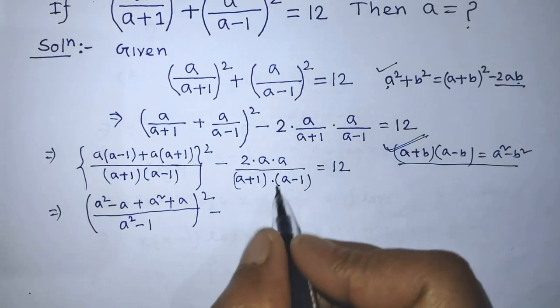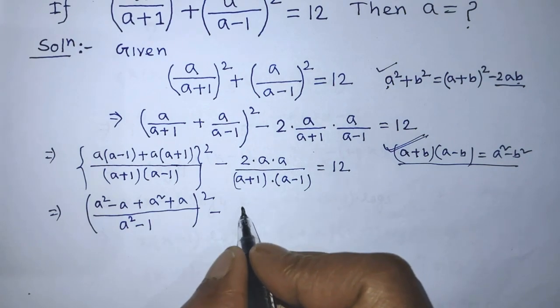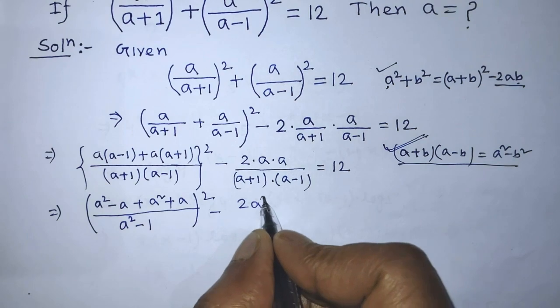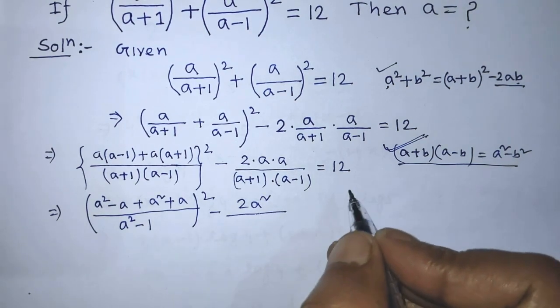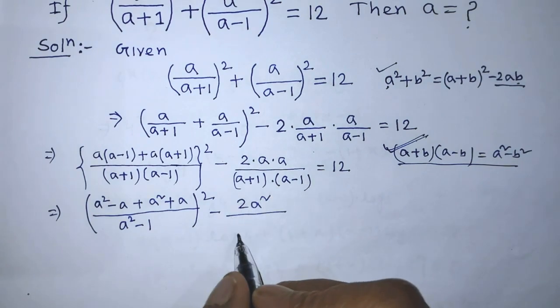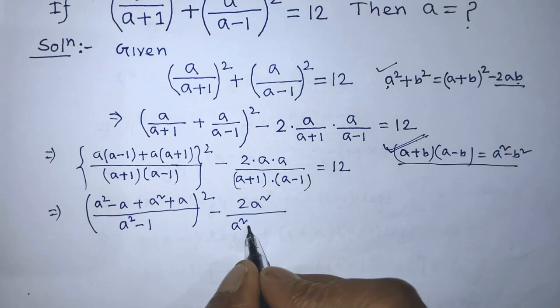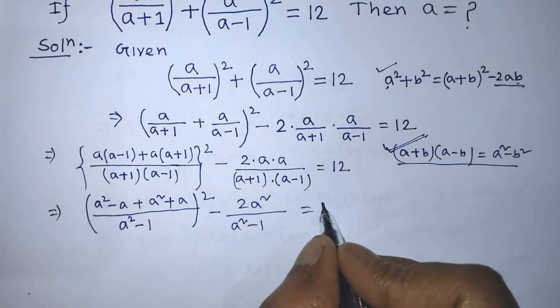So minus, in the place of the second term we can write 2 a square over, similarly in the place of denominator, a square minus 1, is equal to 12.